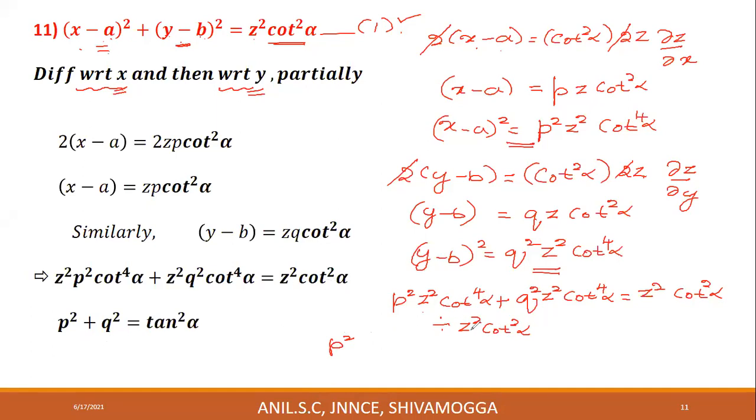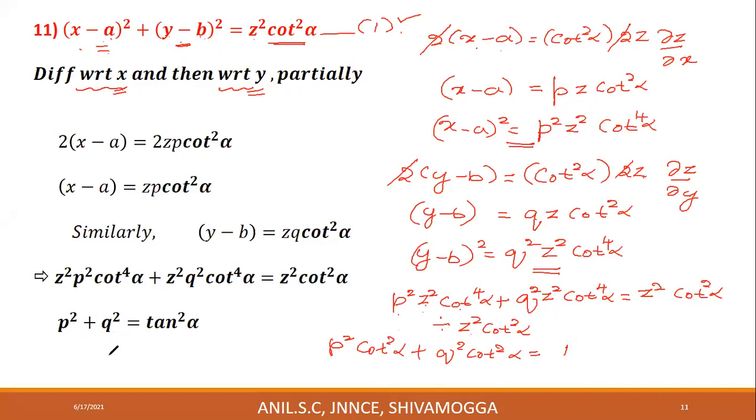Divide the equation throughout by z square into cot square alpha. This z square will cancel this z square. P square into cot alpha power 4 divided by cot square alpha is cot square alpha, plus similarly here, q square into cot square alpha, is equal to 1.